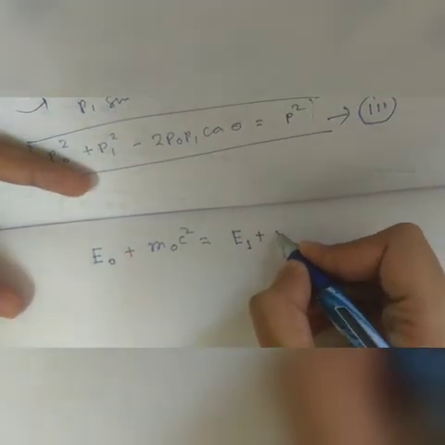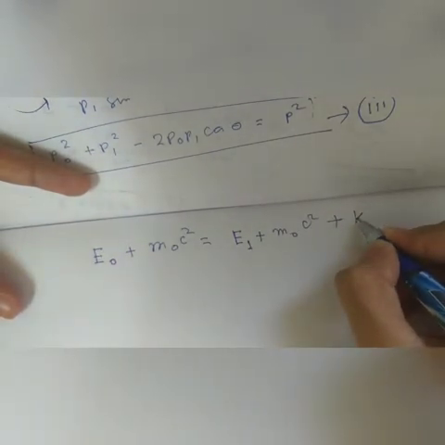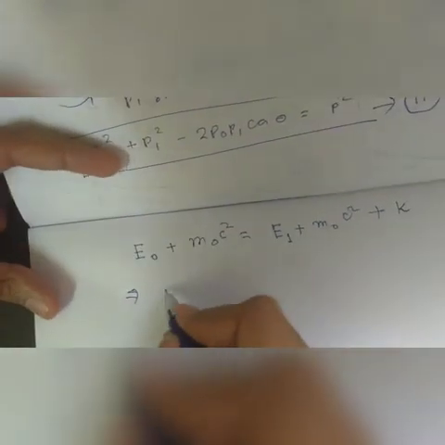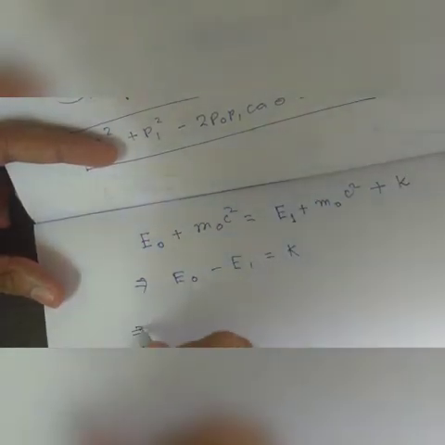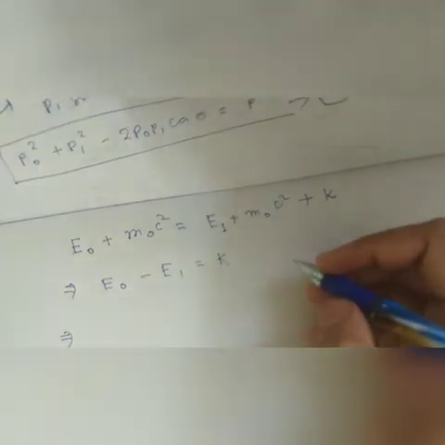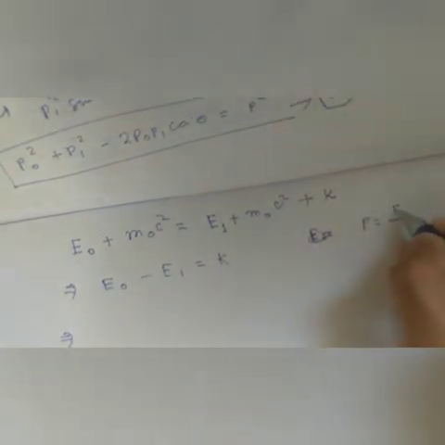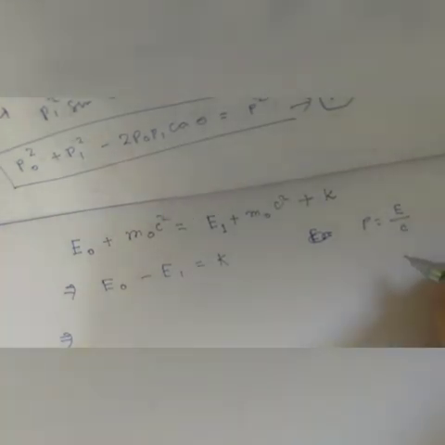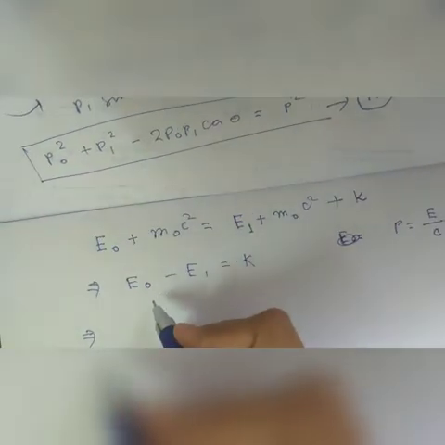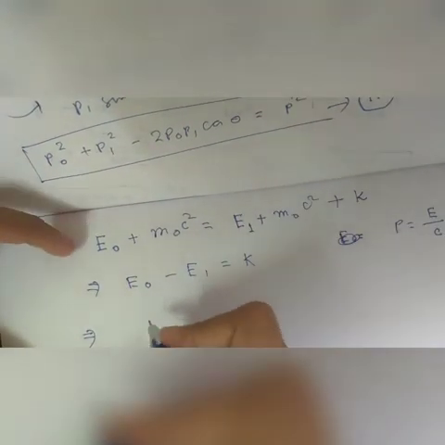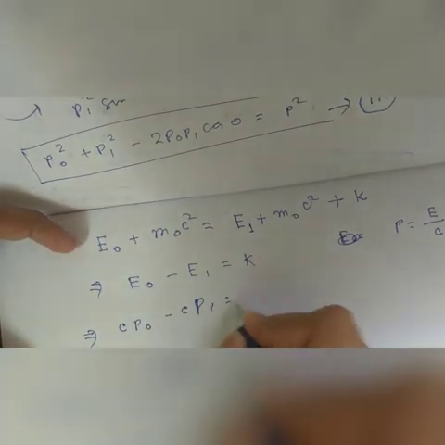The new rest mass energy of the electron will be the same as before, and the new kinetic energy of the electron will be K. So we can write E naught minus E1 equals K. As we had already derived that P equals E by c, we can write E naught in terms of P, so it will be c into p naught minus c into p1.